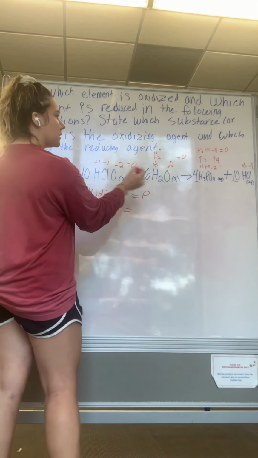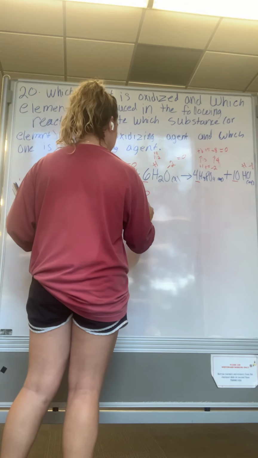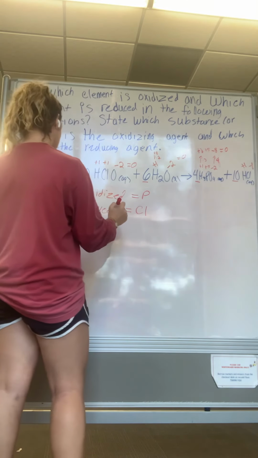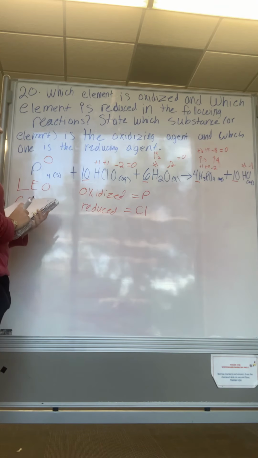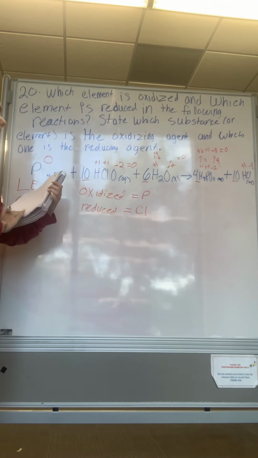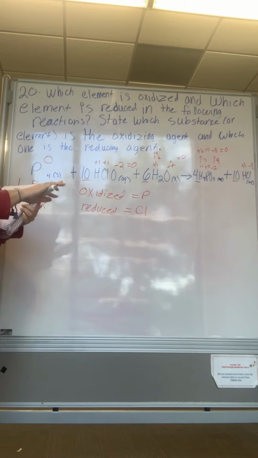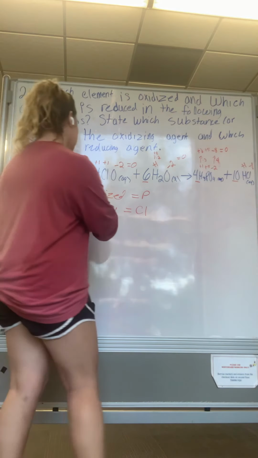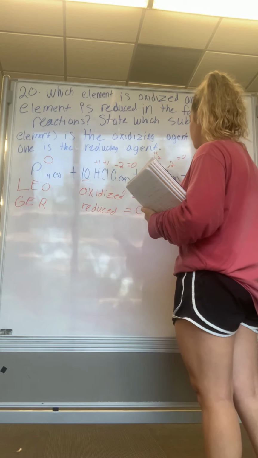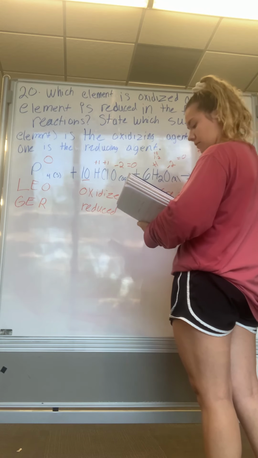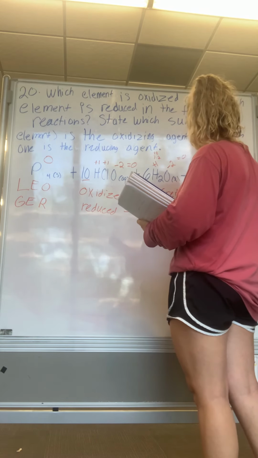Cl goes from a +1 to a -1. So which one is reduced? Cl is. Now it also asks the oxidizing and reducing agents, and for those it's just inverses. So if P is being oxidized, the P is also the reducing agent.